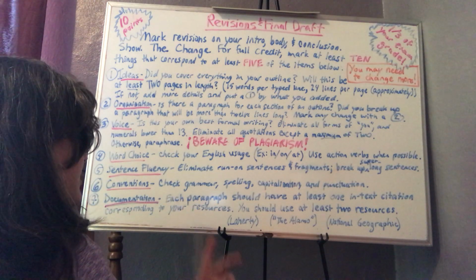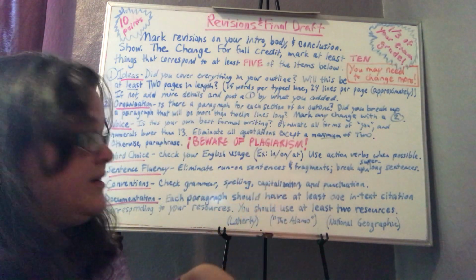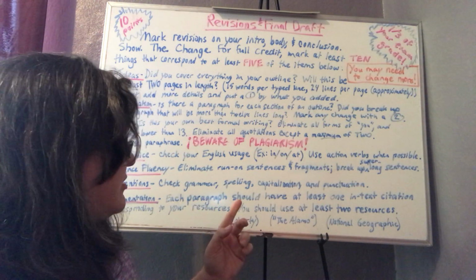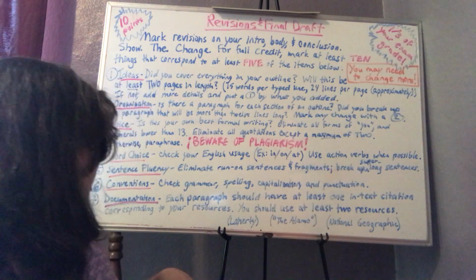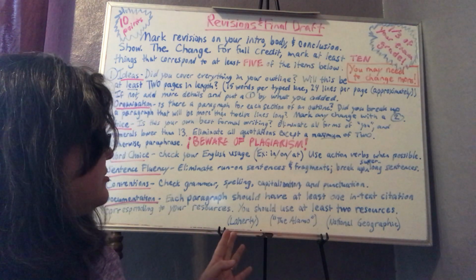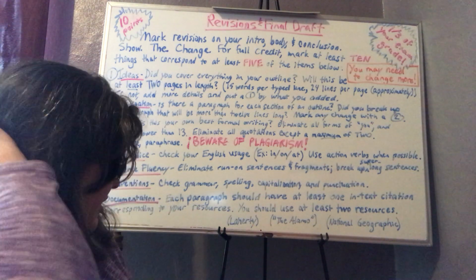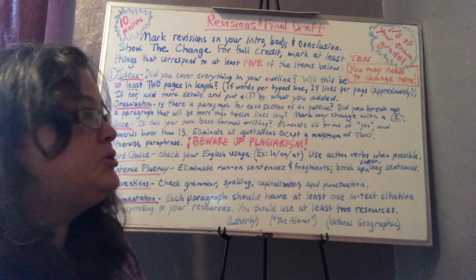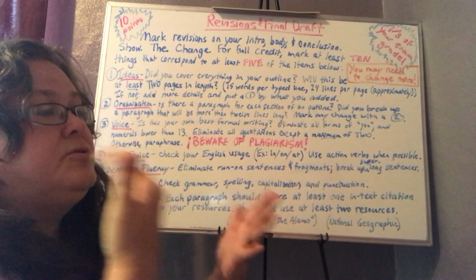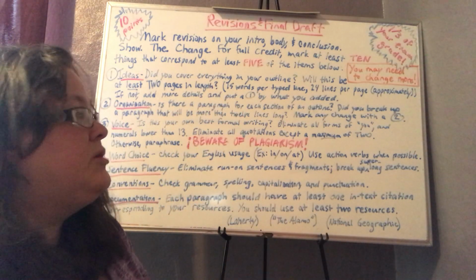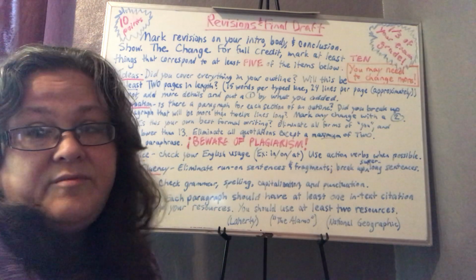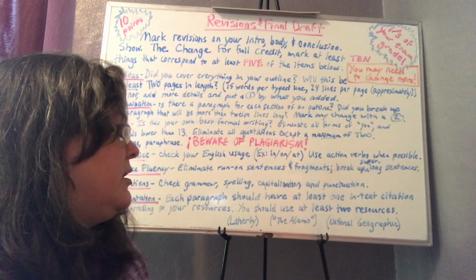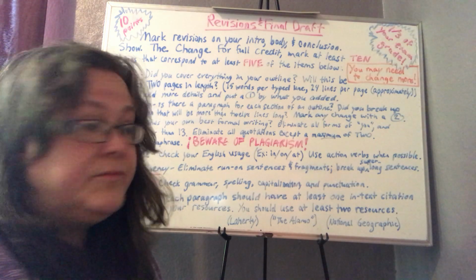Number 7, documentation. So I have the 6 usual things, and then I added one more thing. Documentation. Each paragraph should have at least one in-text citation corresponding to your resources. Okay, so what that means is as I'm reading your paper and I get to Roman numeral 2 in your outline and you say everything you want to say, but you don't have anything in parentheses showing where you got the information, you need to have something, okay?